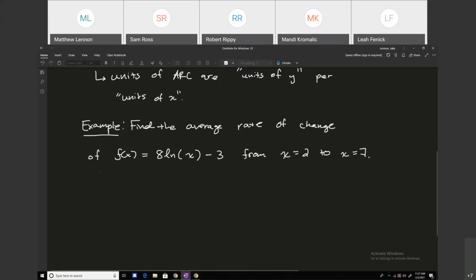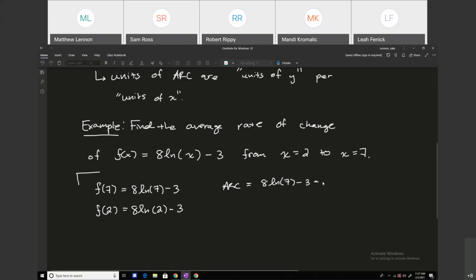So f of 7 is 8 natural log of 7 minus 3, and f of 2 is 8 natural log of 2 minus 3. So our average rate of change is 8 natural log of 7 minus 3 minus, and then parentheses since there are two terms, 8 natural log of 2 minus 3, divided by 7 minus 2.